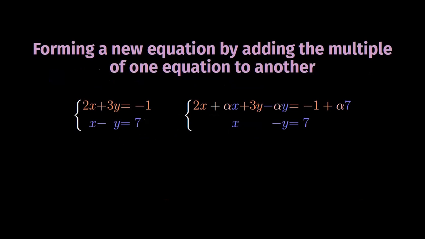This is why we have 2x plus alpha times x, then 3y minus alpha times y, and on the right side of the equality, minus 1 plus alpha times 7. In summary, what we did is red equation plus alpha times blue equation.